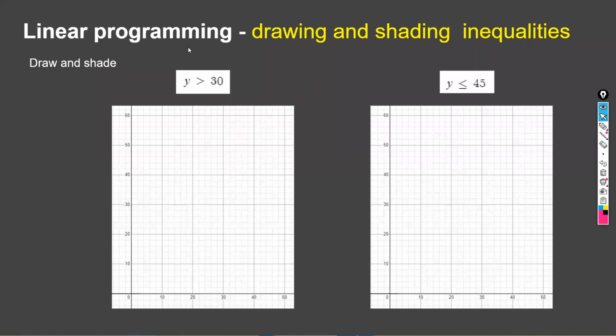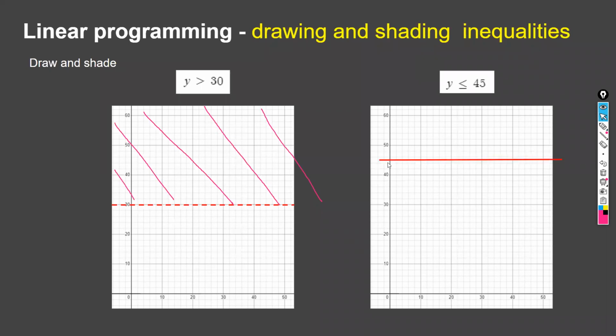For the first one, we know it's a horizontal line going through 30, but it's supposed to be a dashed line. And since it's more than, you're shading above the line. I suspect most people got that correct. For the second one, it's supposed to be going through 45.